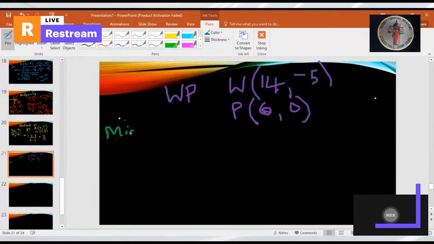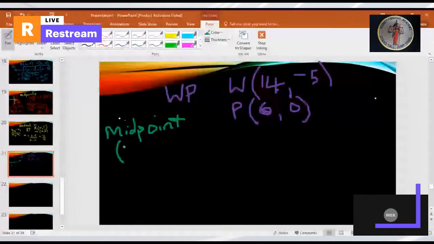Okay, so for the midpoint, like we said, for the x coordinate, it's x1 plus x2 divided by 2. So that would be 14 plus 6 divided by 2. And for the y coordinate, it would be negative 5 plus 0, also divided by 2.